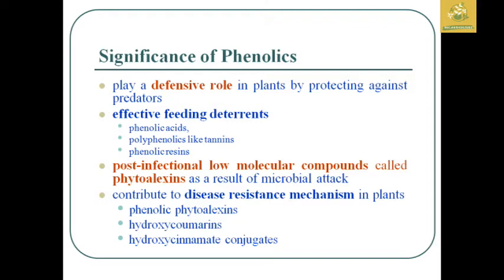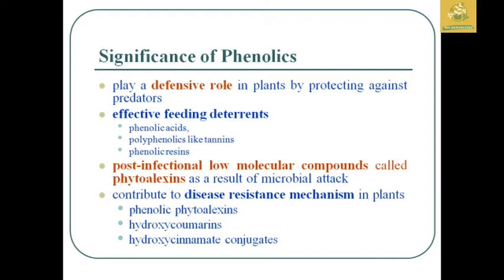There are effective feeding deterrents like phenolic acids and phenolic tannins, where phenolic resins are formed from the phenolics, as well as low molecular compounds like phytotoxins, which are formed as a result of microbial activity. They also contribute a disease resistance mechanism in plants.